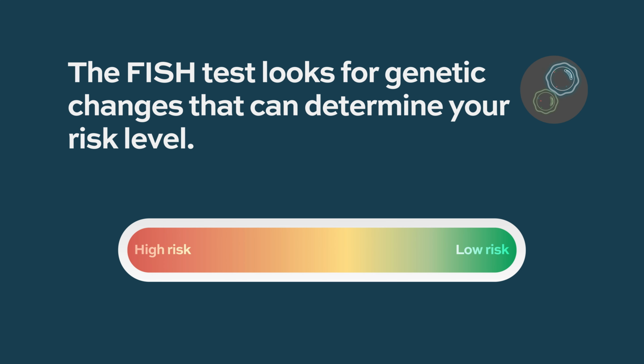These include a panel of FISH tests, including looking for P53 deletion, which is the worst of the group. Then there is a minority called 11q deletion that is second in terms of its prognostic impact on the FISH panel.